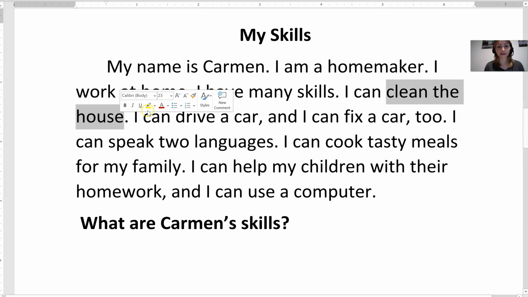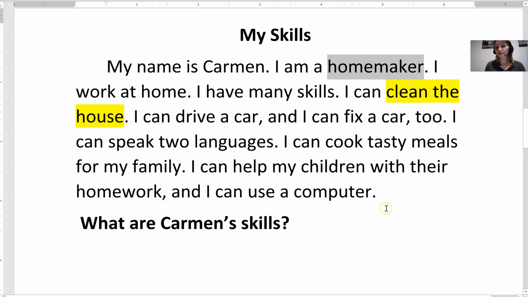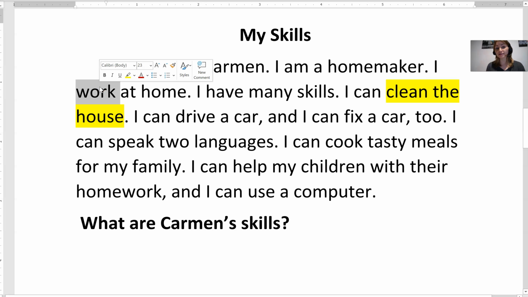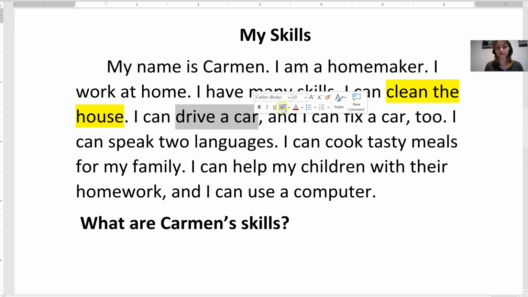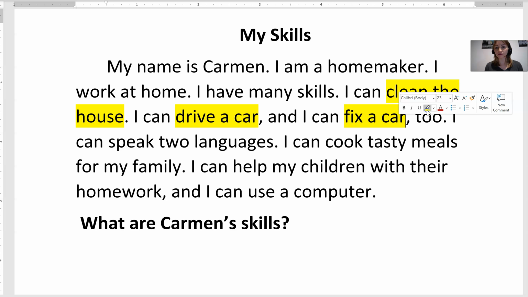Clean the house. That's the first activity. Over here, I am a homemaker is not an activity. That just says the name of her job. And here, work at home, that's the location, but not the skill. Okay, next one, drive a car. Okay, next one, fix a car. Good.